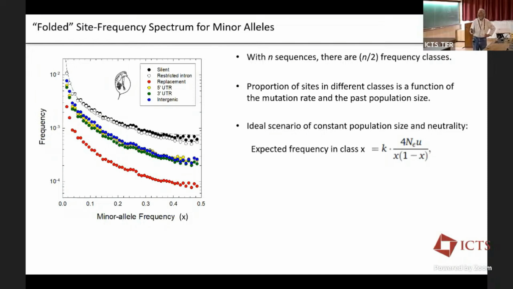If the past demographic history has been one of constant population size, so that our theta for any U remains constant, then this distribution, told to us by Sewall Wright many years ago, will just be inversely proportional to the frequency times 1 minus the frequency. And that dashed line is the neutral expectation for the Daphnia data. So it looks pretty good, a reasonable first approximation to the data.